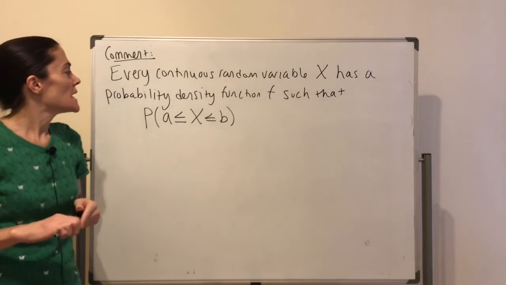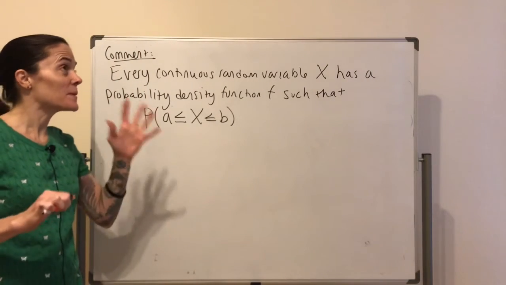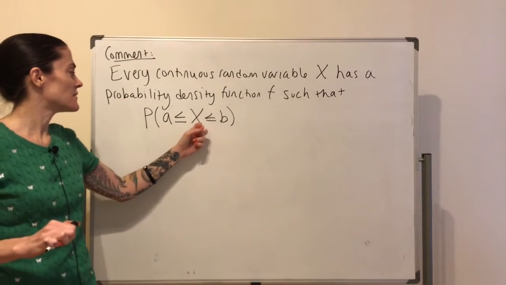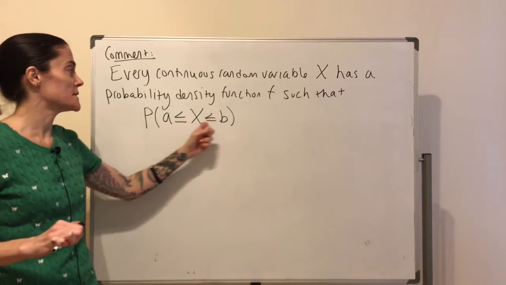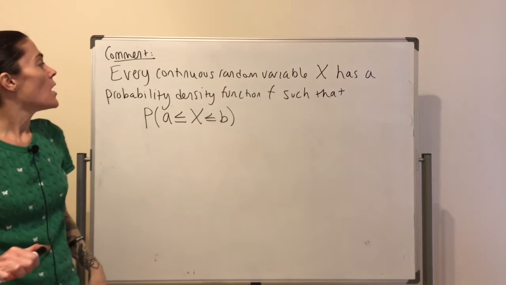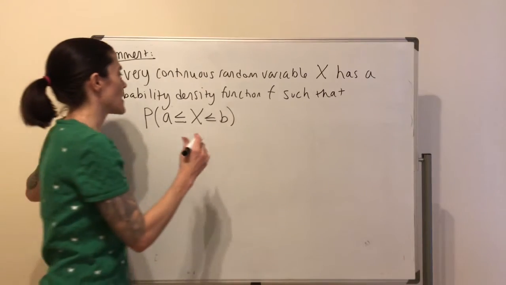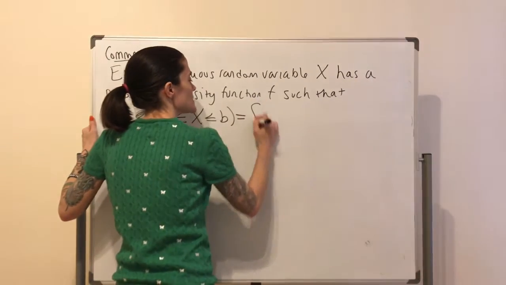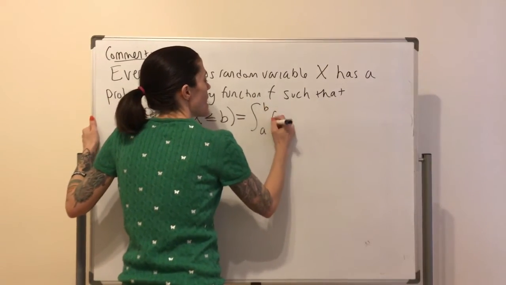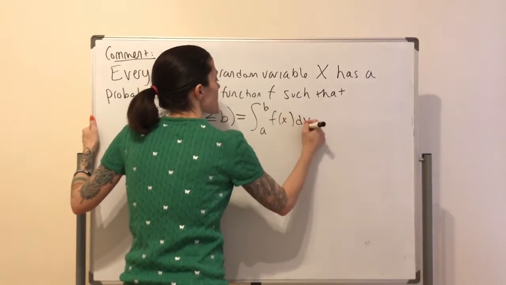Or find the probability, I should say, that the random variable lies between 10 and 30, such that this is the integral from a to b of f of x dx.